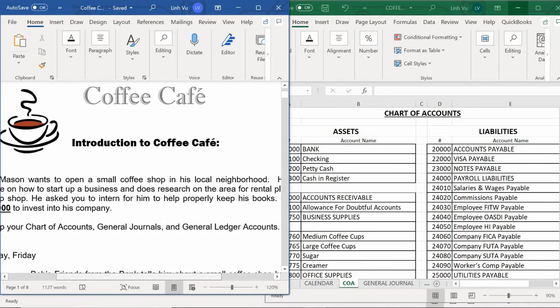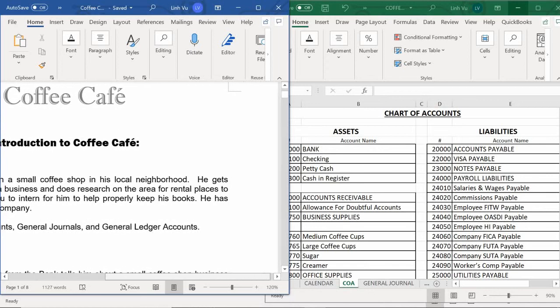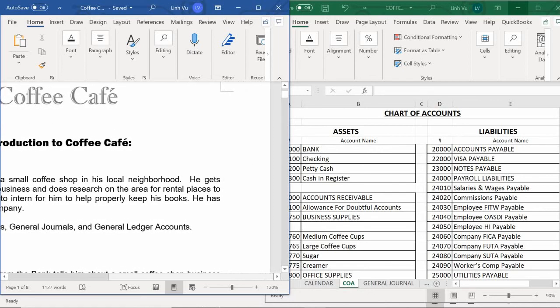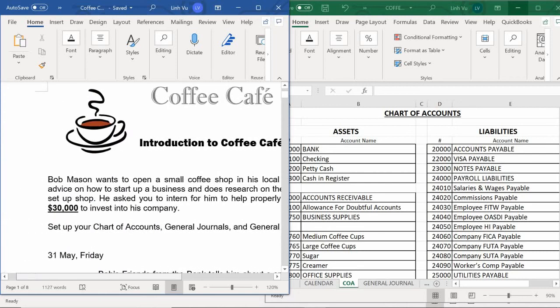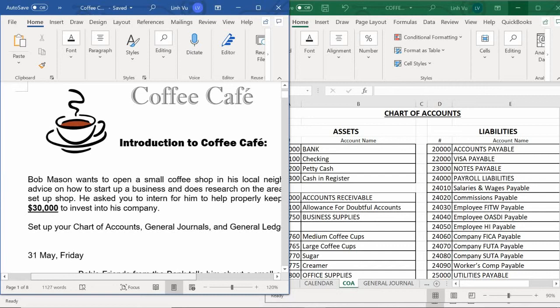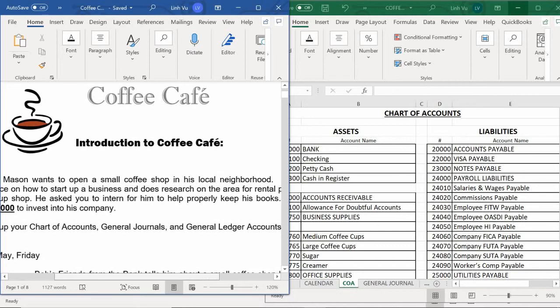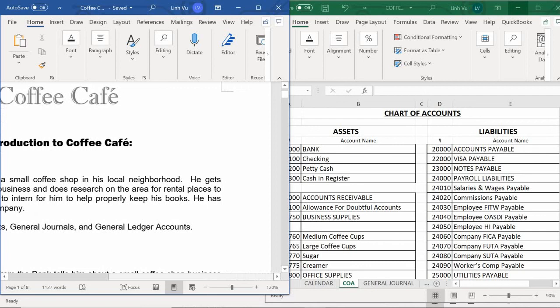And of course, he does some research on his own, on his area, to find a place to rent so he can build his business. All right, and he asked you to intern for him to help him properly keep his books. So we're going to keep a good track record of everything that he does for the transactions.